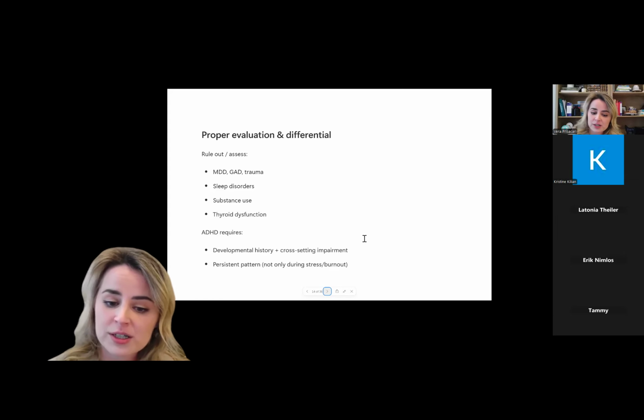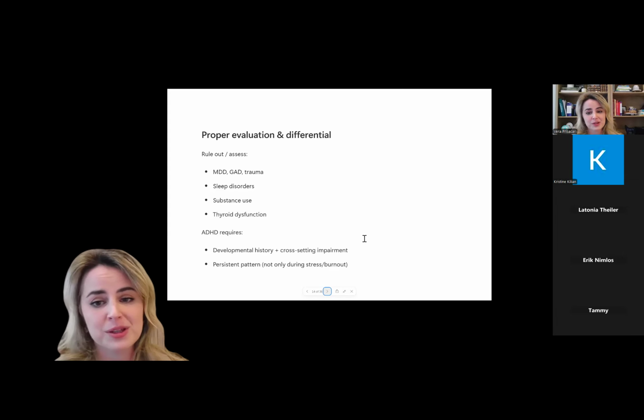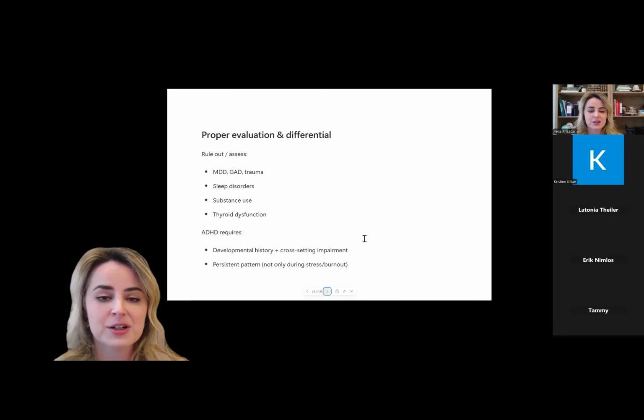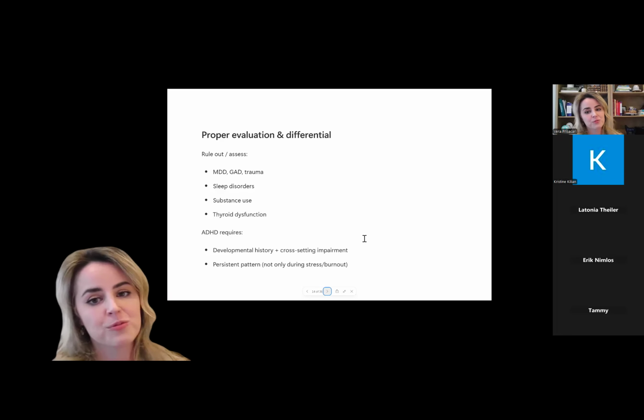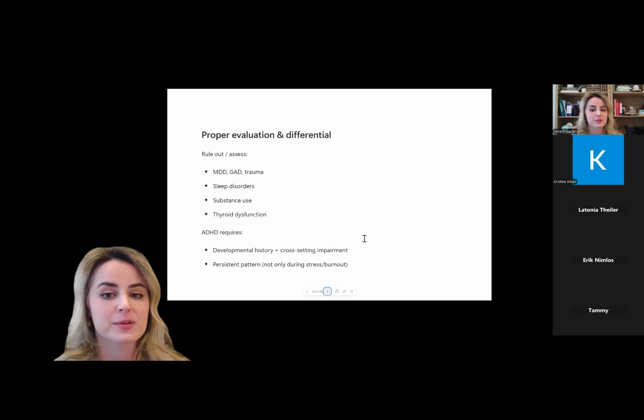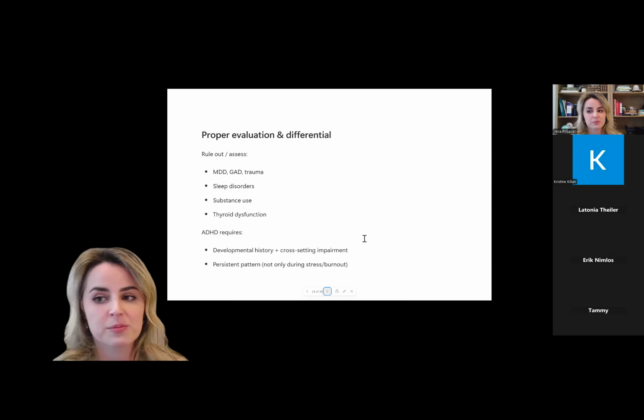It does have to have cross-setting impairment, meaning it's not just something that bothers you at home with your spouse or with your family. It's something that occurs regardless of where you go, work, out with friends, family, and again, also don't forget the self-concept picture of it, just kind of the opinion of self-esteem.